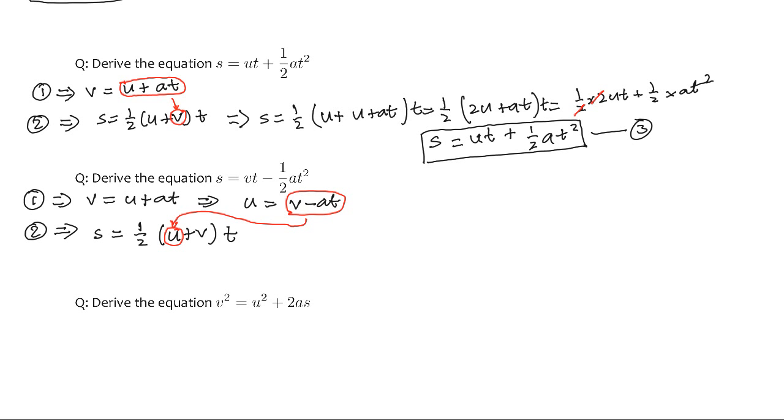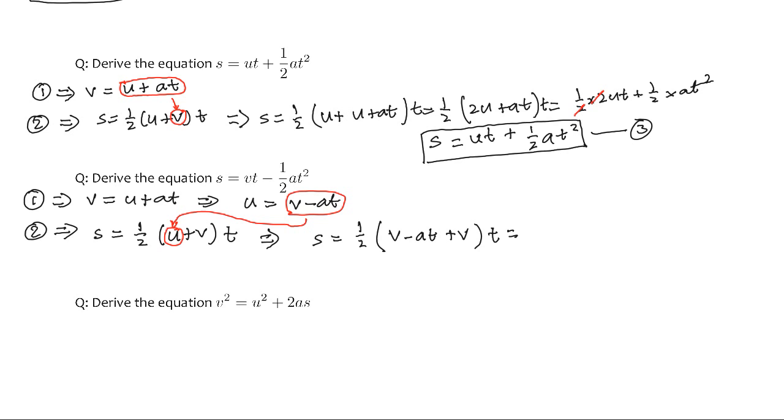What do I get when I do that? I get S is equal to half, instead of u I'm writing v minus at, and then we still have the plus v inside the bracket, and this time I won't forget the t. I have the t also in there, and then I can add the two v's inside the bracket.